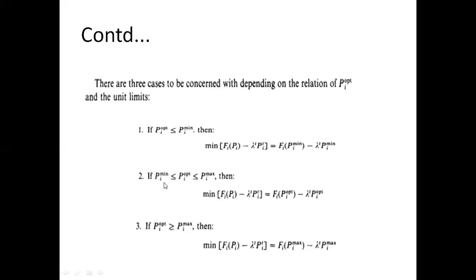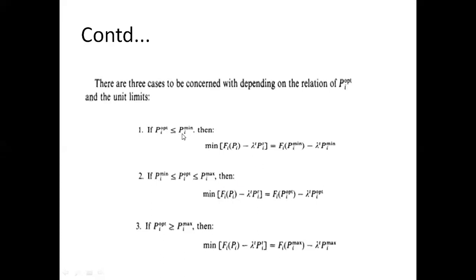If P_i optimum lies between P_i minimum and P_i maximum, then the function becomes F_i(P_i optimum) minus lambda_t P_i optimum.